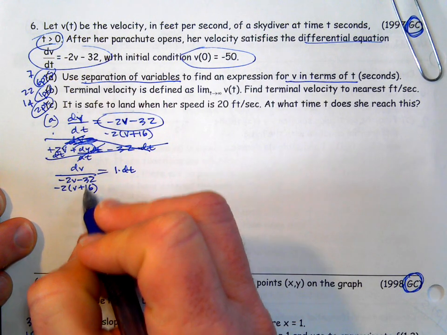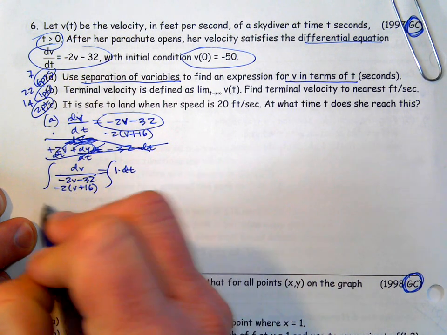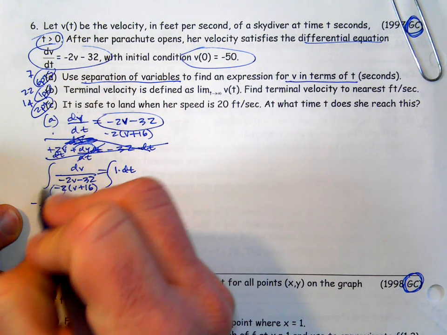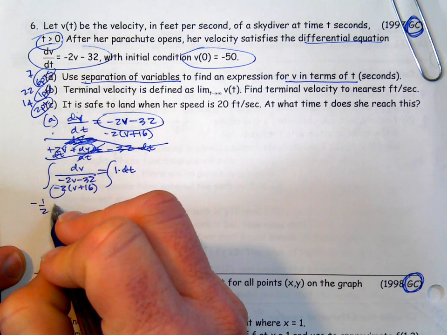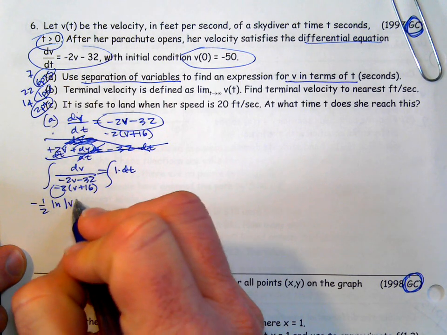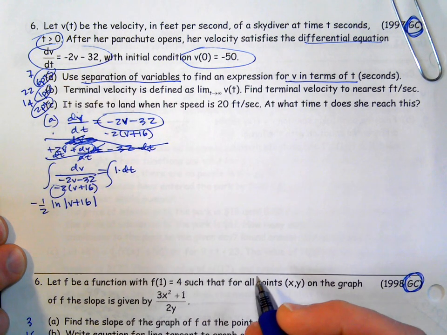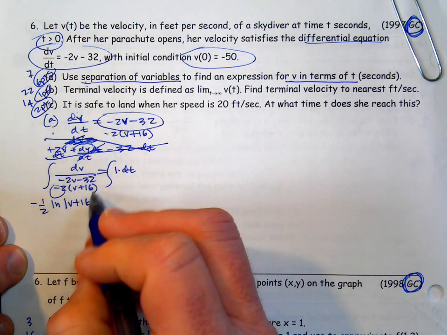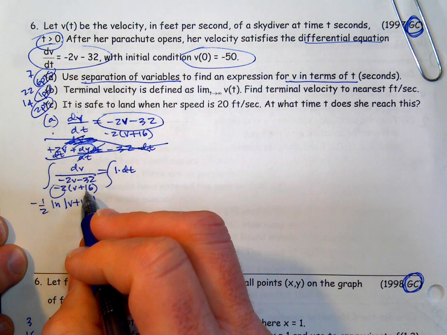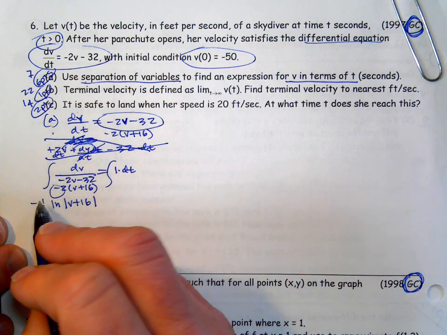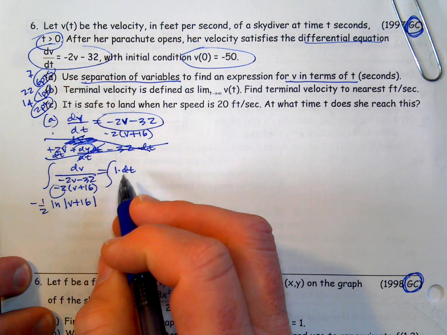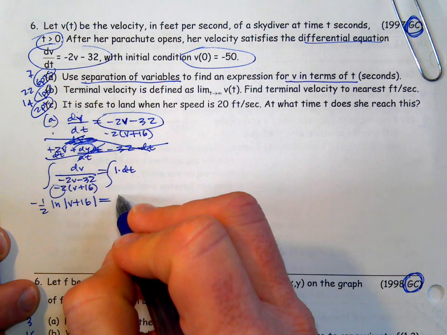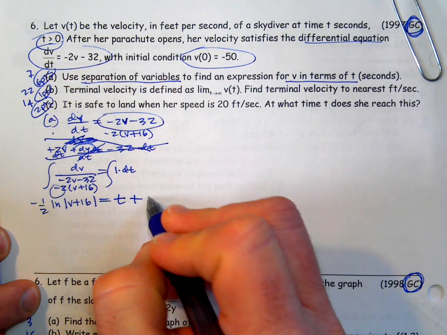Then when you integrate both sides, we could just put the -1/2 in front, and this is going to be natural log of the absolute value of v plus 16. It's essentially v to the first power with a plus 16, so it has an inner function. There is a chain rule issue there, but the derivative of the inside is 1, so we don't need to do anything. You can do u substitution and get the same thing. Over here, we're going to get a t plus c.